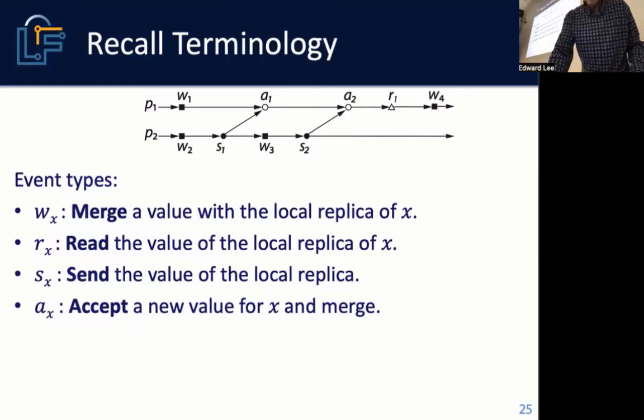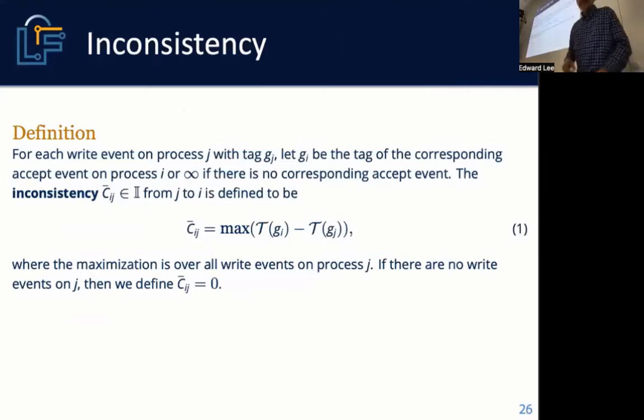First, the definition of inconsistency. If you have a write event on process J, it has tag G sub J, and G sub I is the tag of a corresponding accept event on process I, or infinity if there is no corresponding accept event. Let's parse that sentence.